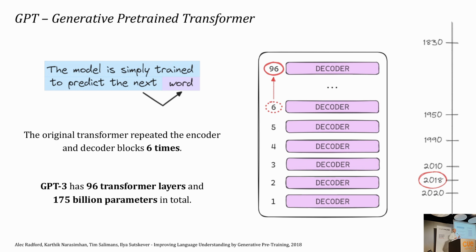The original transformer had only 6 of these encoders and decoders in its architecture. In 2020, GPT-3 appeared, and it was just a scaled-up version of the original transformer. It had 96 decoder layers and 175 billion parameters in it.